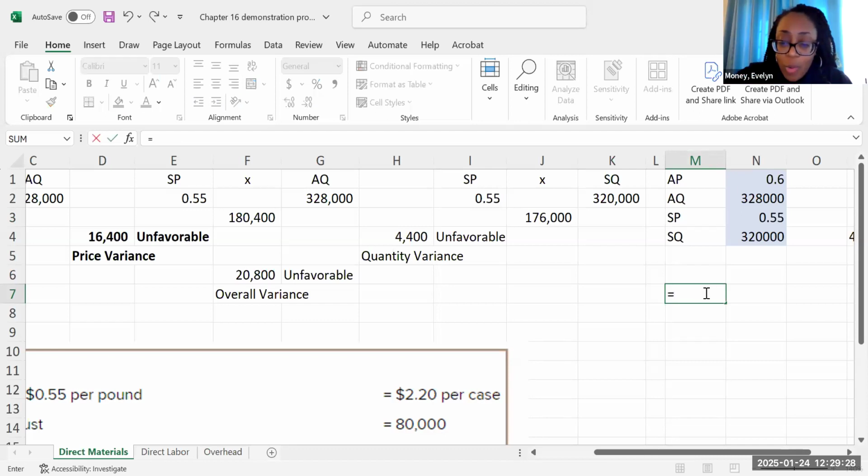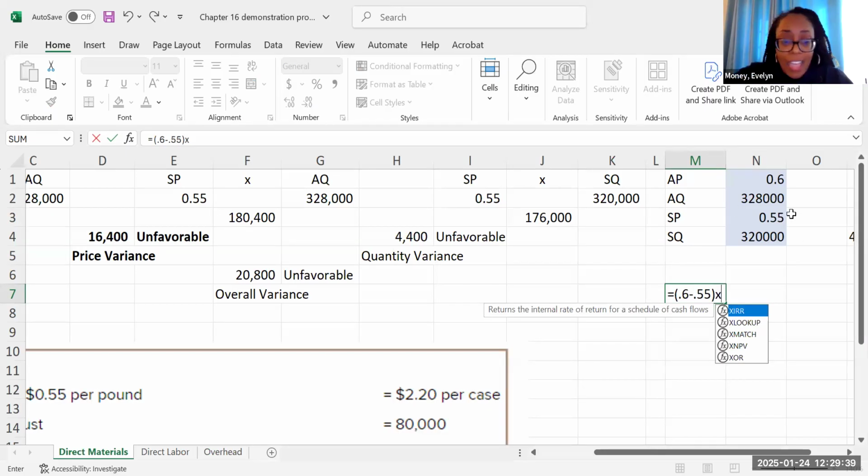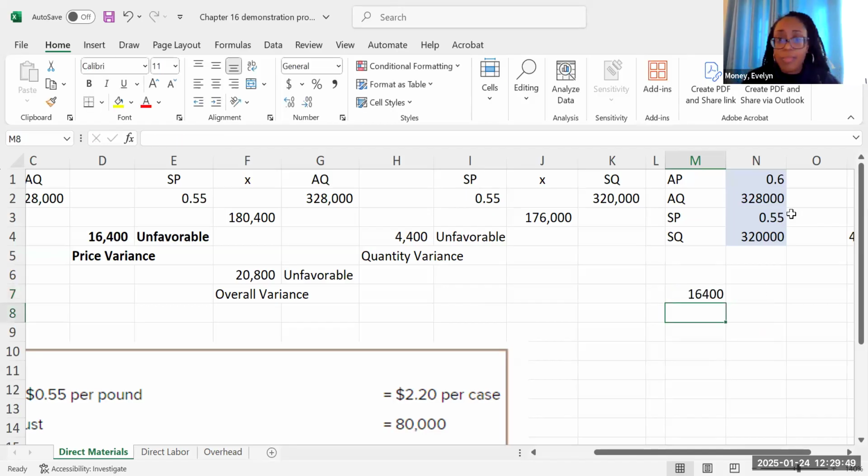So if I do a little quick math here and I take 0.6 minus 0.55, and then I multiply that by the actual quantity. Oh, hold on. There we go, 328. I get 16.4. And notice that 16.4 is my price variance.